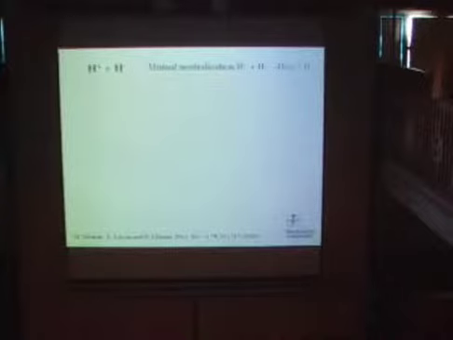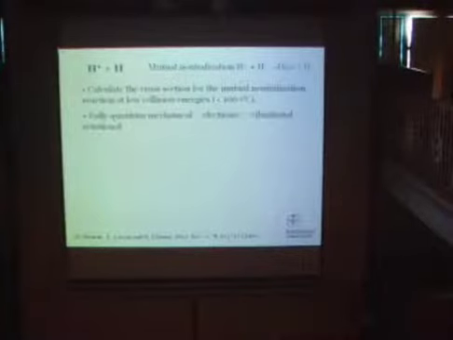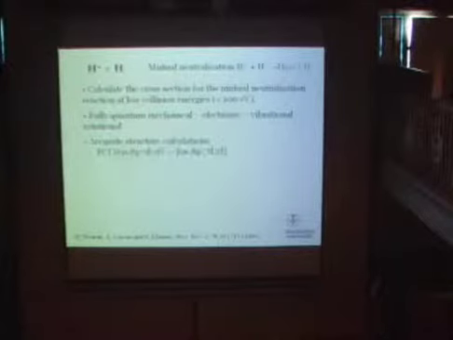Here you have the reference. What we did in this study was to calculate the low energy cross-section, where low energy is below 100 electron volts, and we wanted to include the electronic, vibrational and rotational motions quantum mechanically.